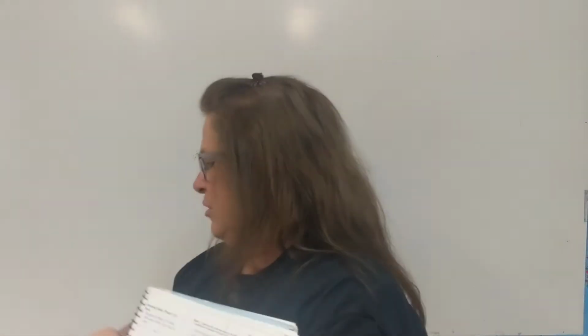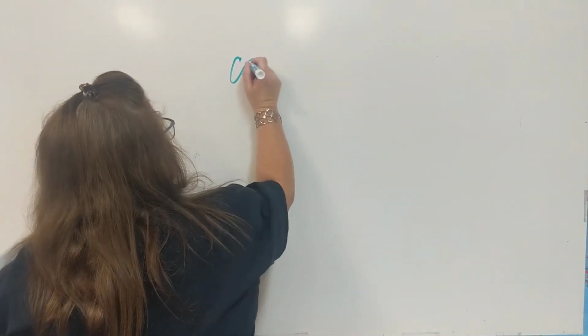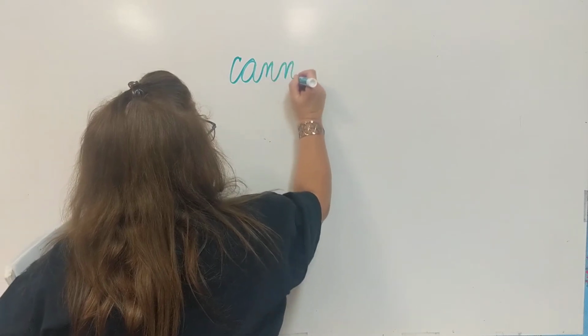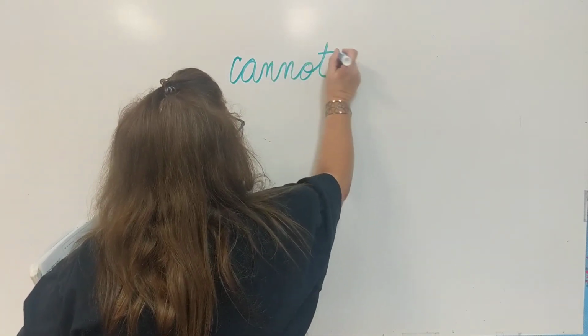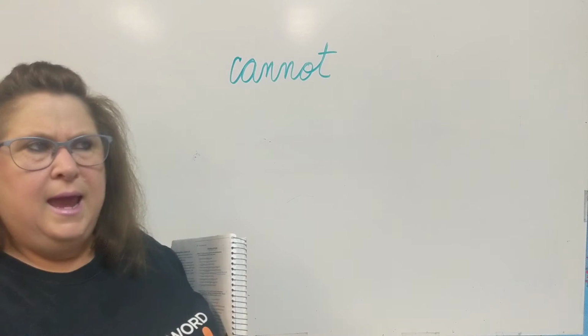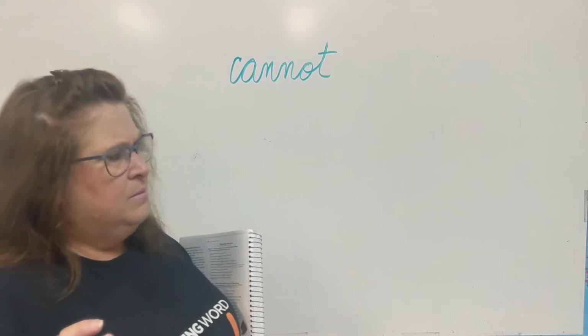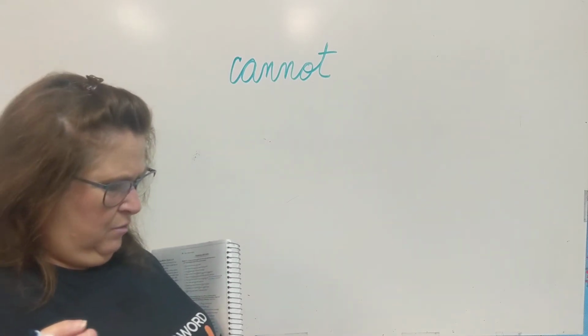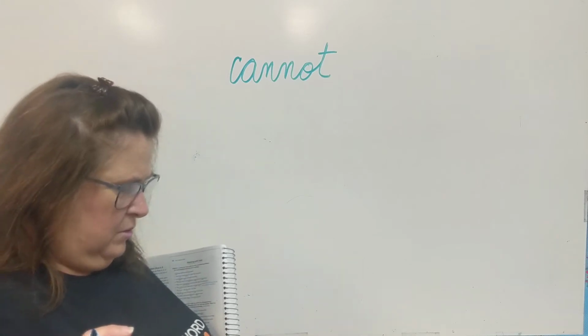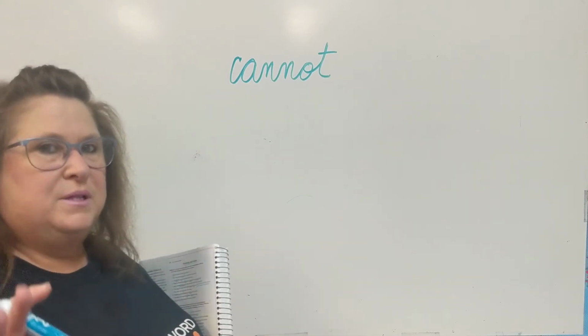Number 6, they crawl into the pitcher plant and cannot get out. All right, so I definitely see, let's look at the word cannot. Now that is a compound word, okay? So let's say our helping verb list, I'm sorry.